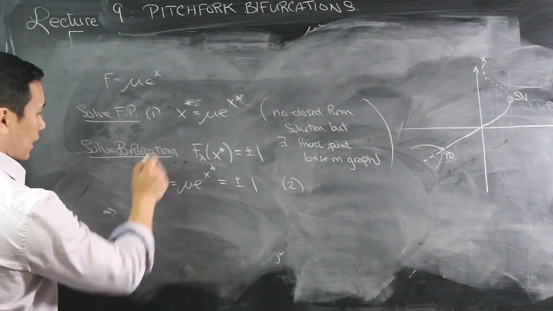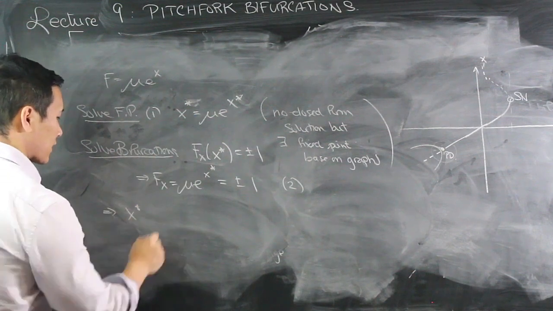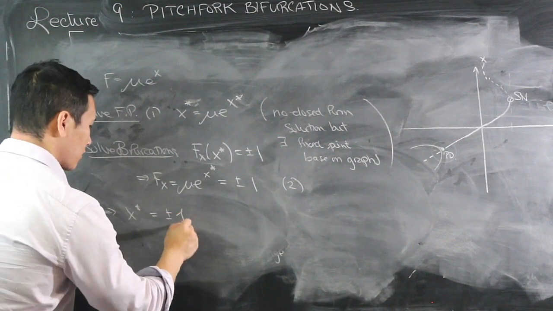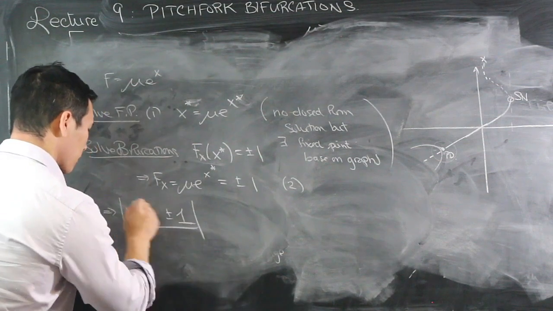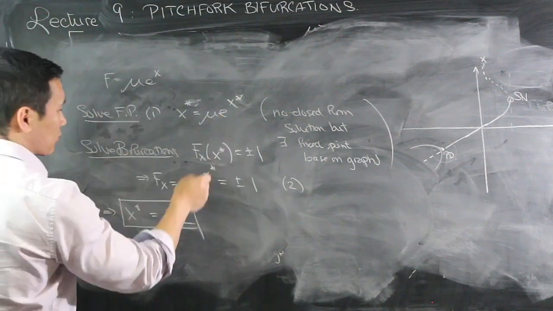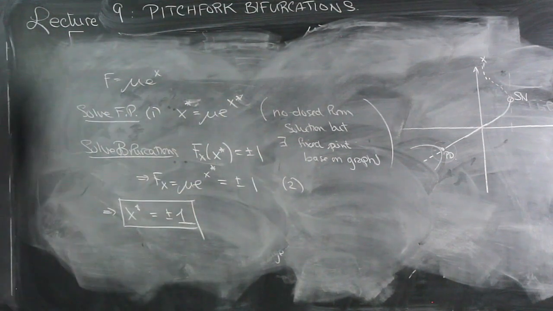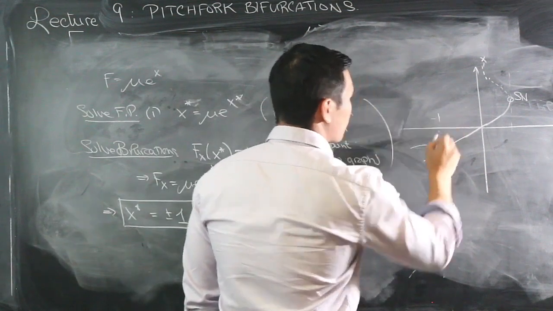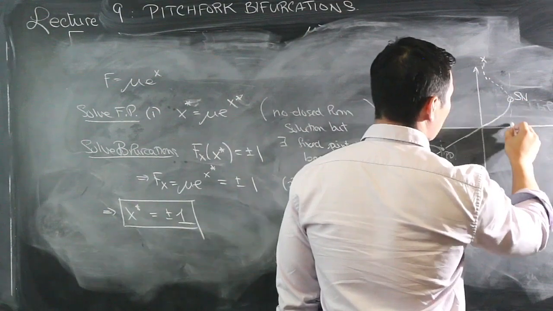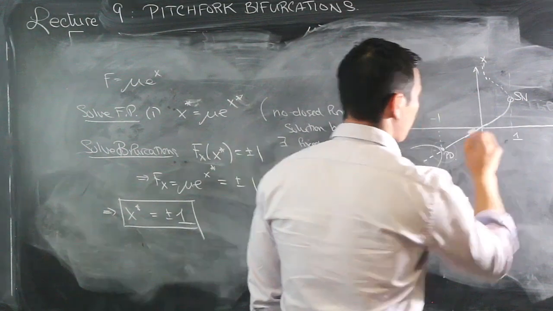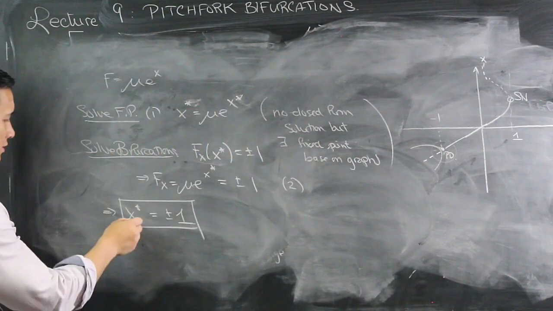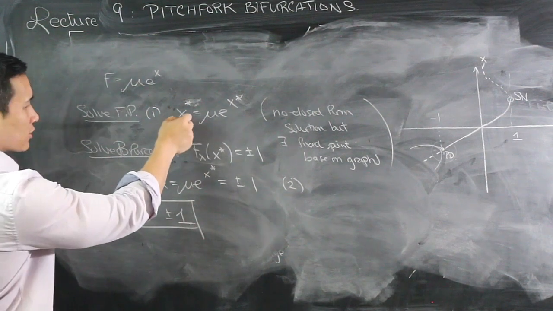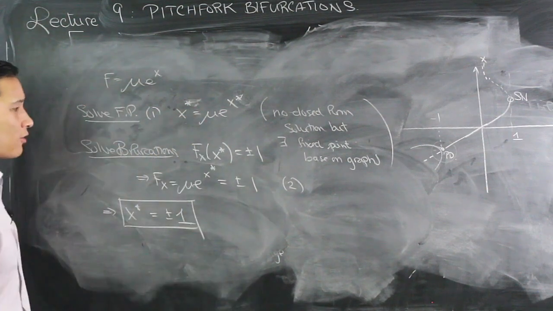So x star has to be equal to plus or minus 1. Just equate this one with this one. Well, we haven't quite checked that. This should be plus 1. And then you substitute this into one of these two equations to get the value of mu.